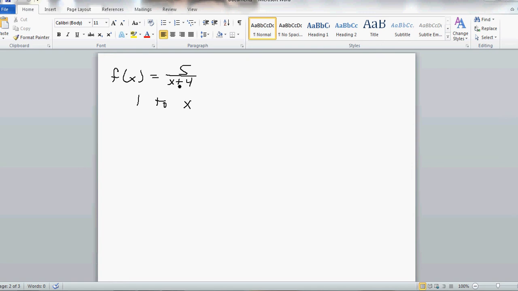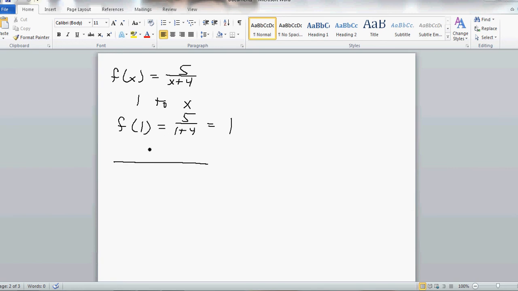So what does that mean? Well, we plug in the first one, f of 1. f of 1 is 5 over 1 plus 4, which, when it's all said and done, equals 1, because 5 over 5 equals 1. And so what we need is the second one.